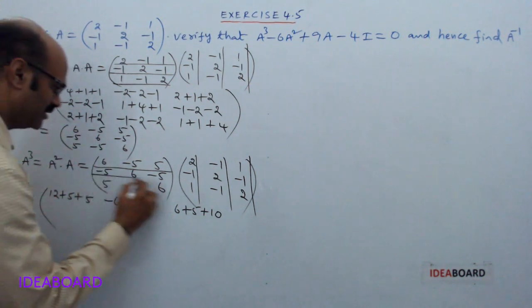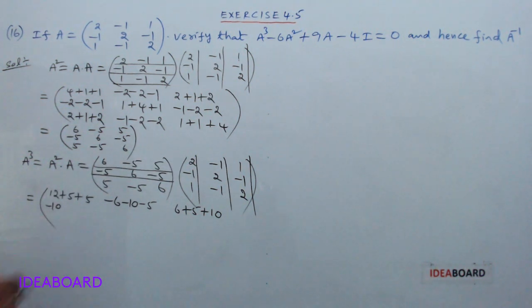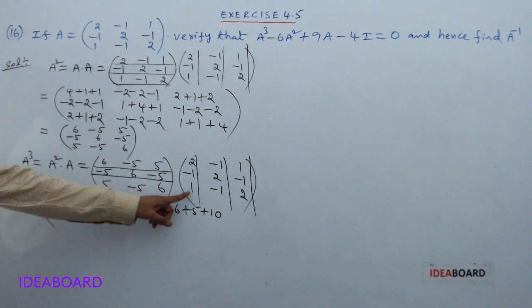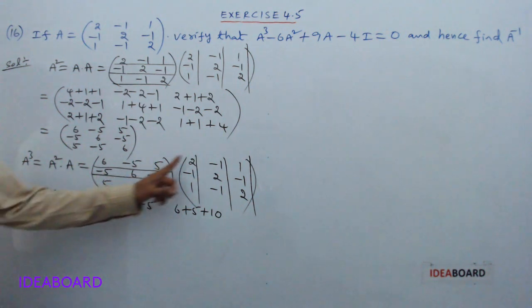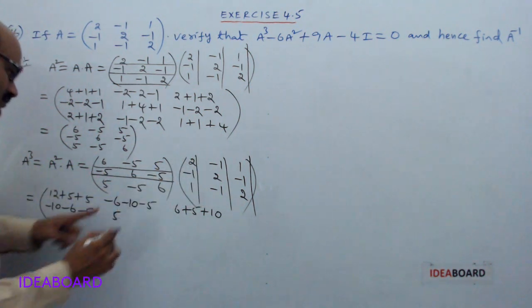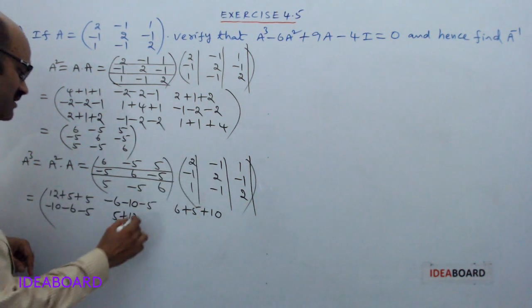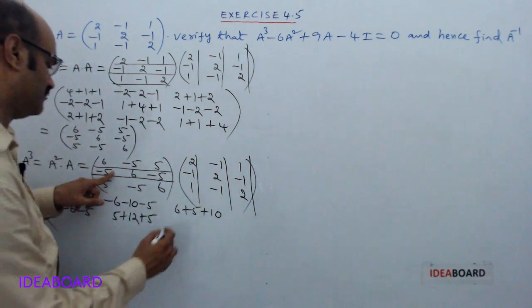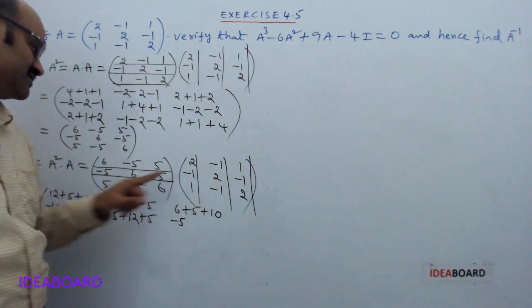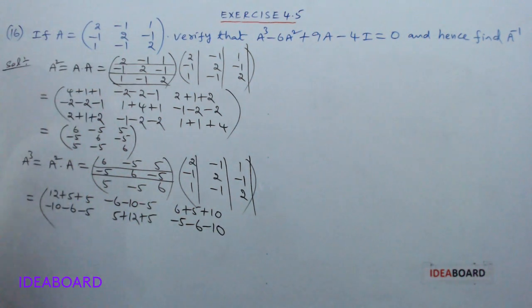Next second row into first column, minus 5 into 2 is minus 10, 6 into minus 1 is minus 6, minus 5 into 1 is minus 5, minus 5 into minus 1 is plus 5, 6 into 2 is 12, minus 5 into minus 1 is plus 5, minus 5 into 1 is minus 5, 6 into minus 1 is minus 6, minus 5 into 2 is minus 10.